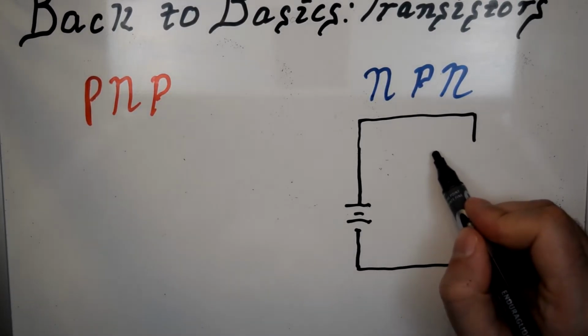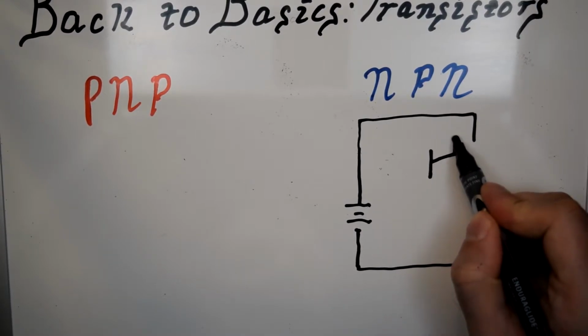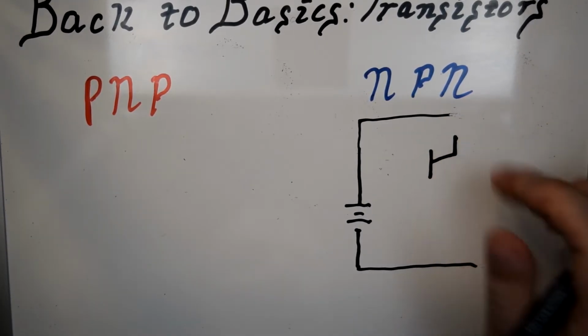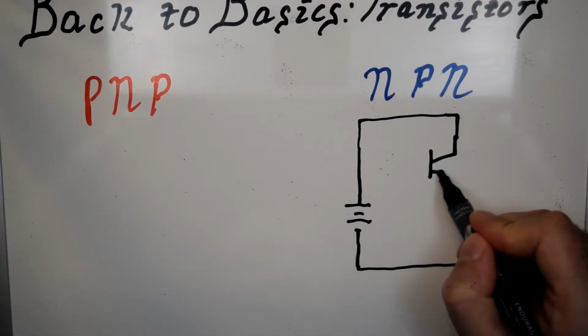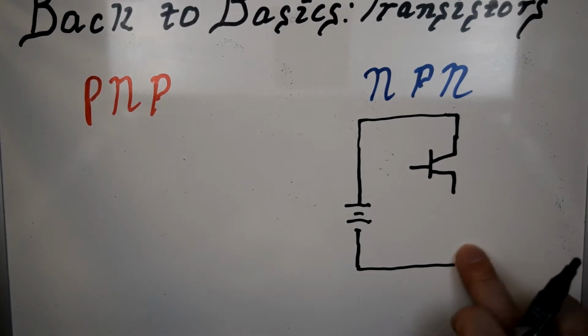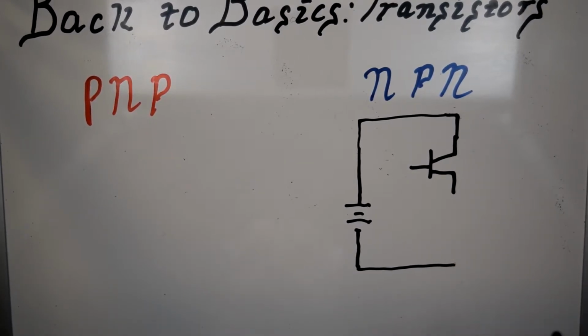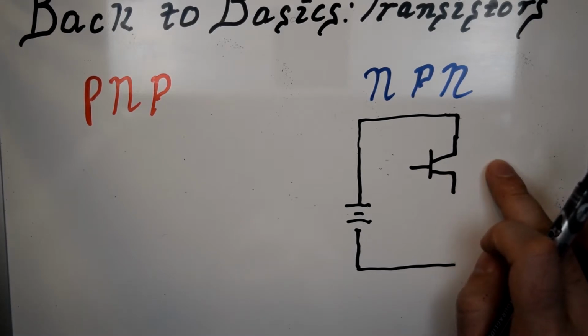And we'll draw in our little NPN transistor here. Boy, I'm just not doing very well with my proportions. Okay, so the NPN, oops. Doing this wrong again.